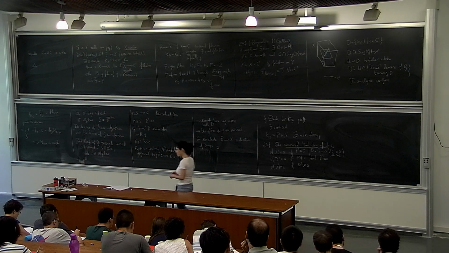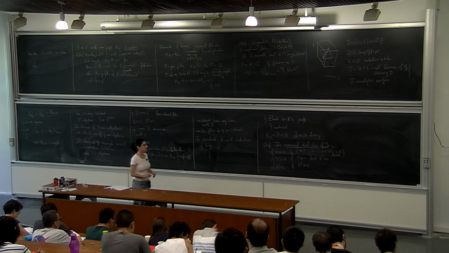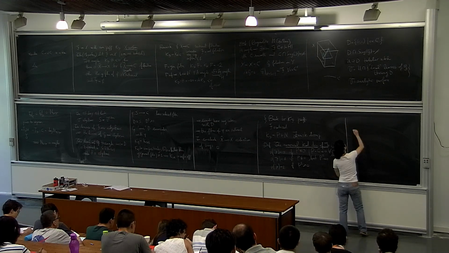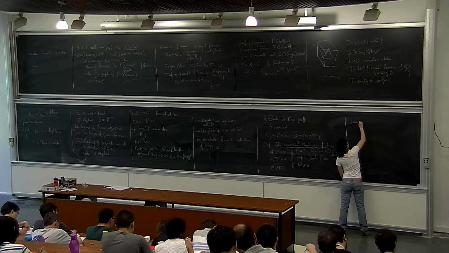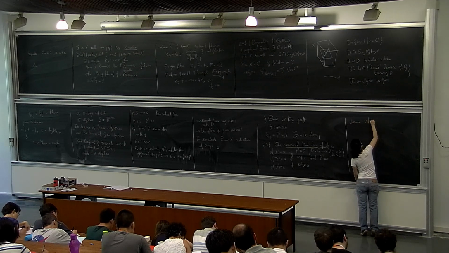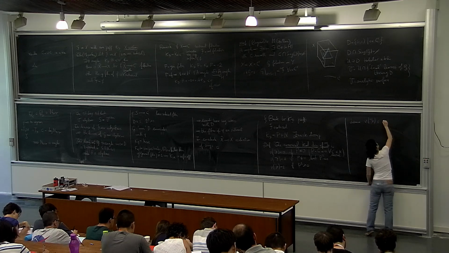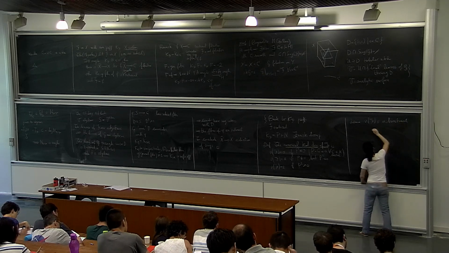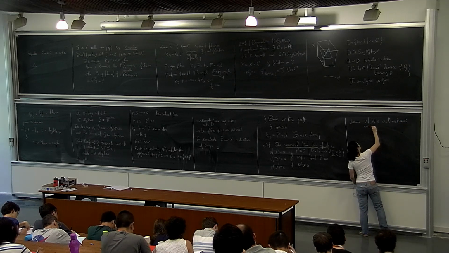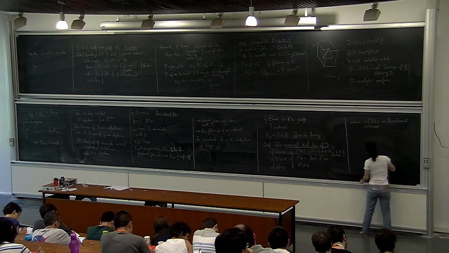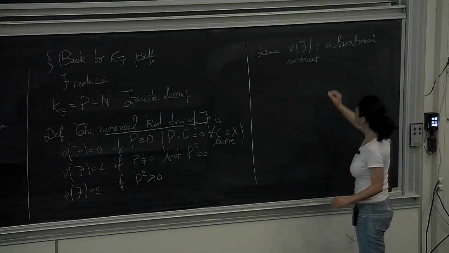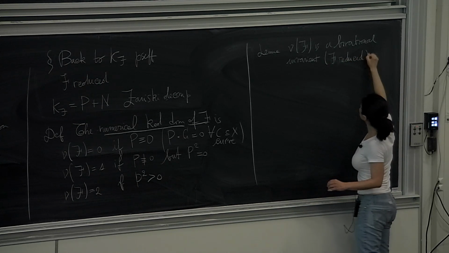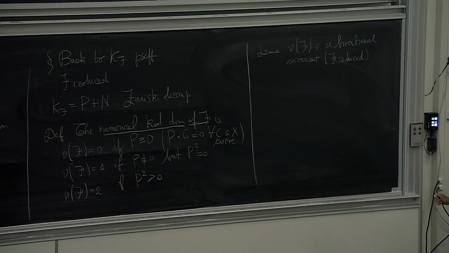And so the first remark, or lemma, let's say, is that nu of F is a birational invariant. So just recall that here F is reduced. So how does this work?